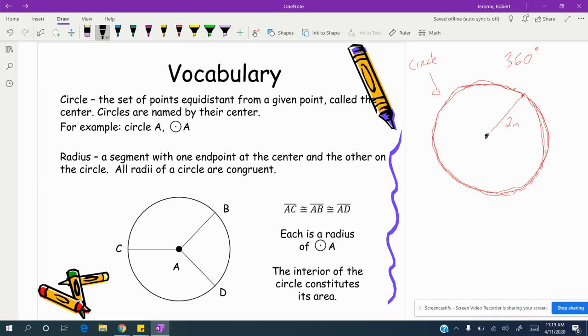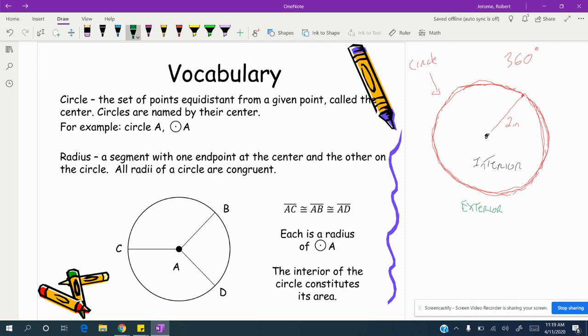We've got the interior space, and we've got the exterior. But the circle itself is just that big red curve that goes all the way around, or 360 degrees.